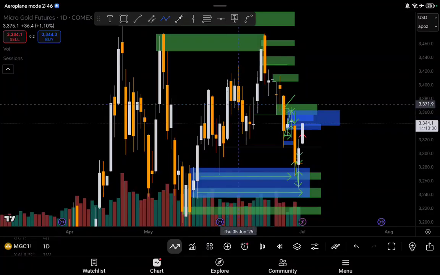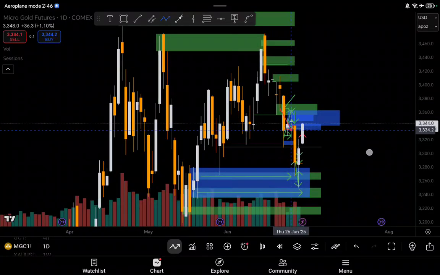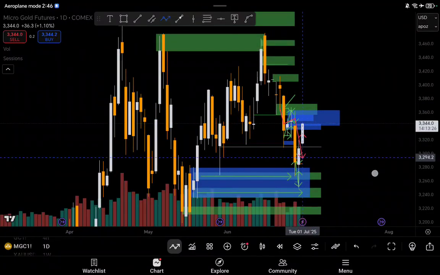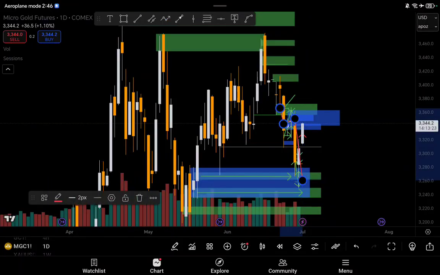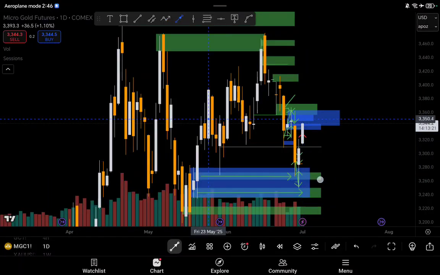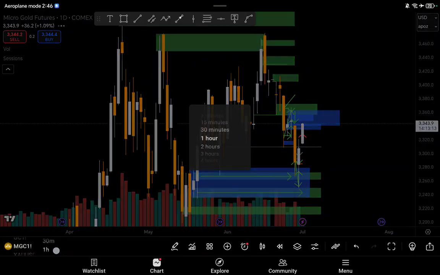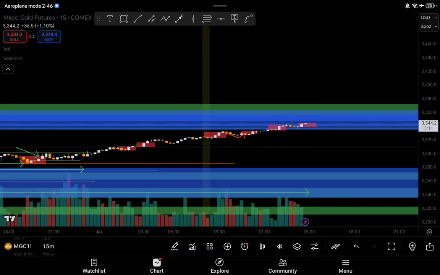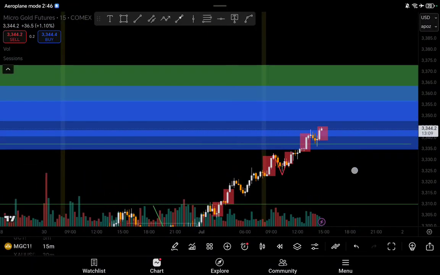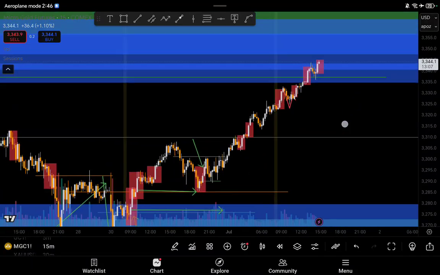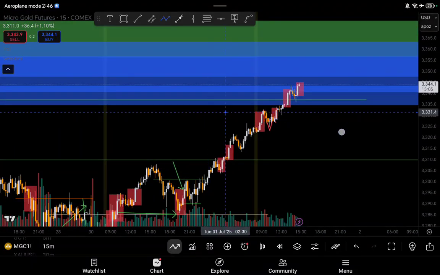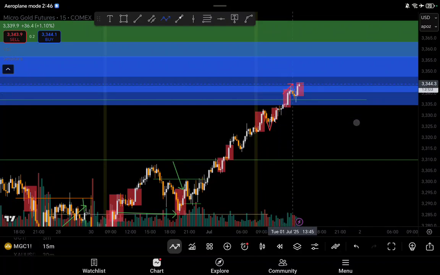Okay, so if you want to sell this zone, if you are expecting a pullback from this zone back into here, then what you need to do is just to check for behavior if there's any sell entering the market inside this zone, because now market is still making a rally base rally.